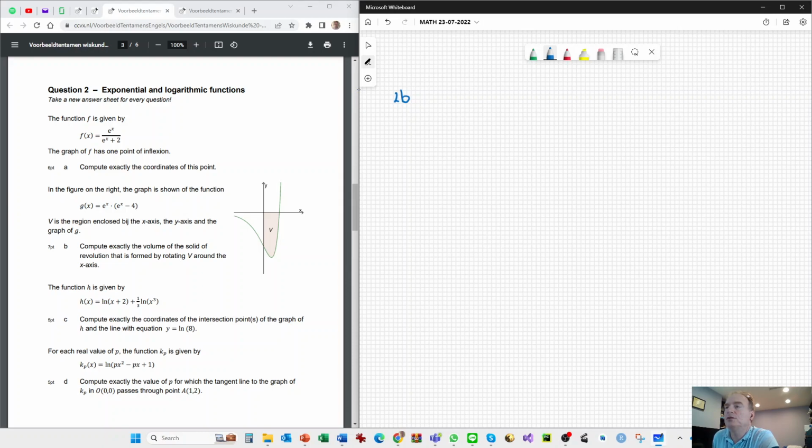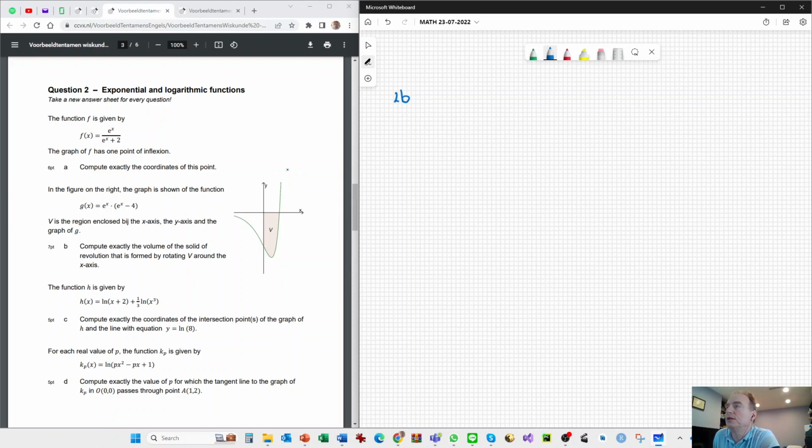We need to know, well, the left border is just x equal to 0. But what about here? This is the intersection of this function with the x-axis. So we first need to find out what is the right point of the integral.